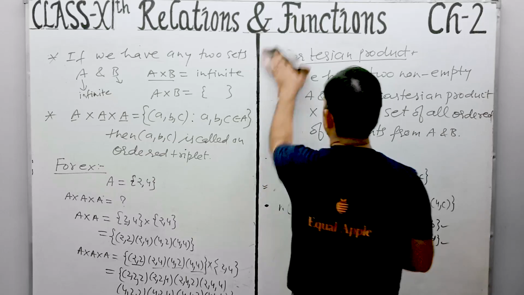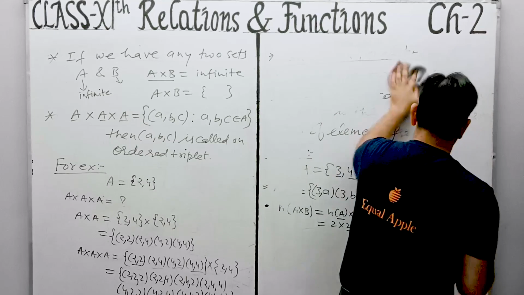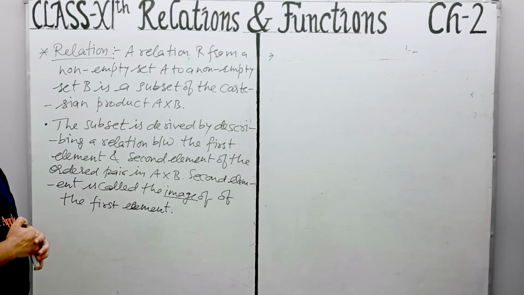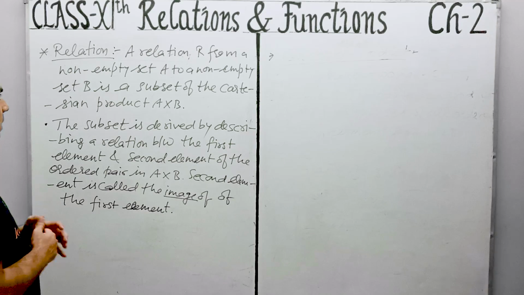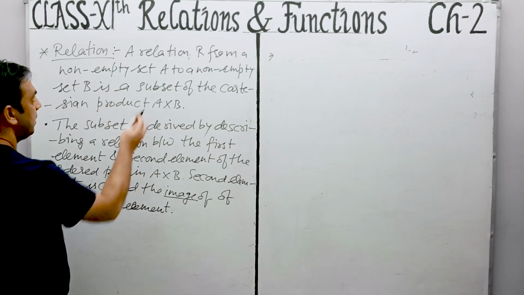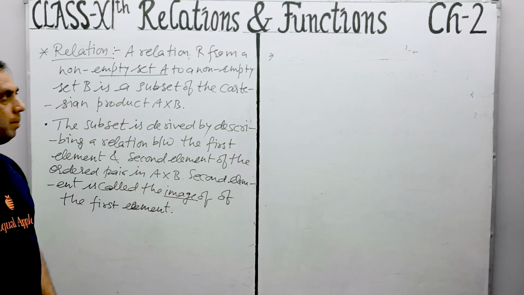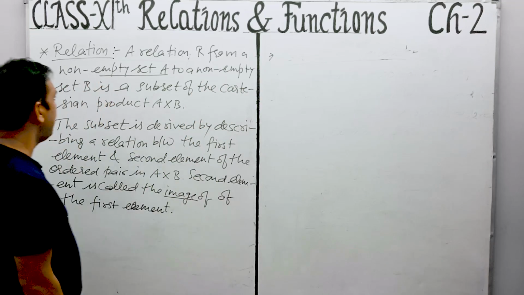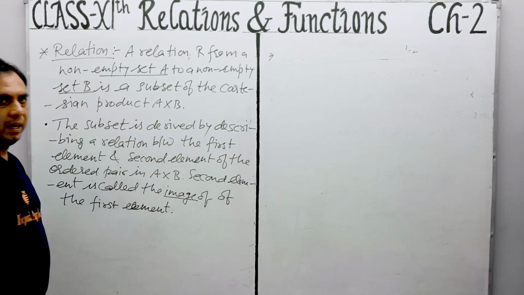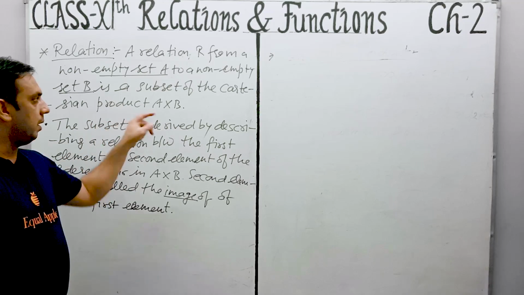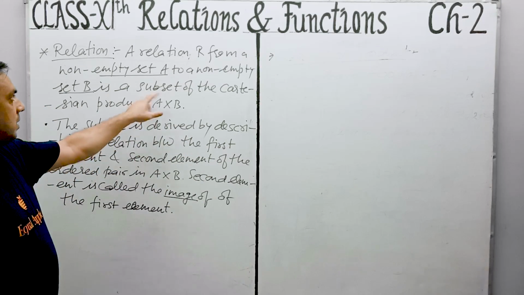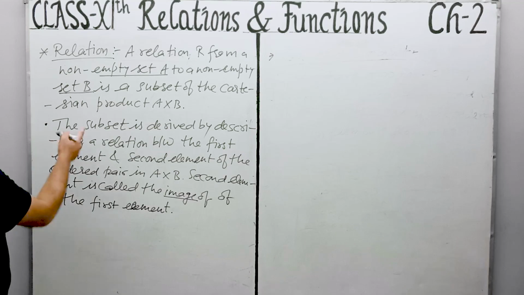The next topic is relation. What is a relation? A relation R from a non-empty set A, a set having some elements, to a non-empty set B is a subset of the Cartesian product A cross B. The Cartesian product you have seen: if we take two non-empty sets and form the ordered pairs, those ordered pairs are called a subset, that is, a relation.